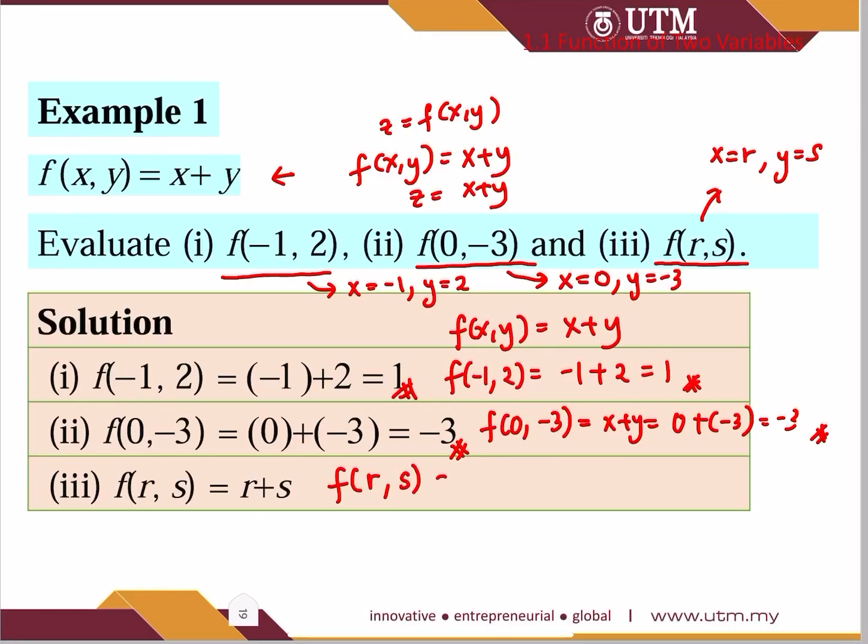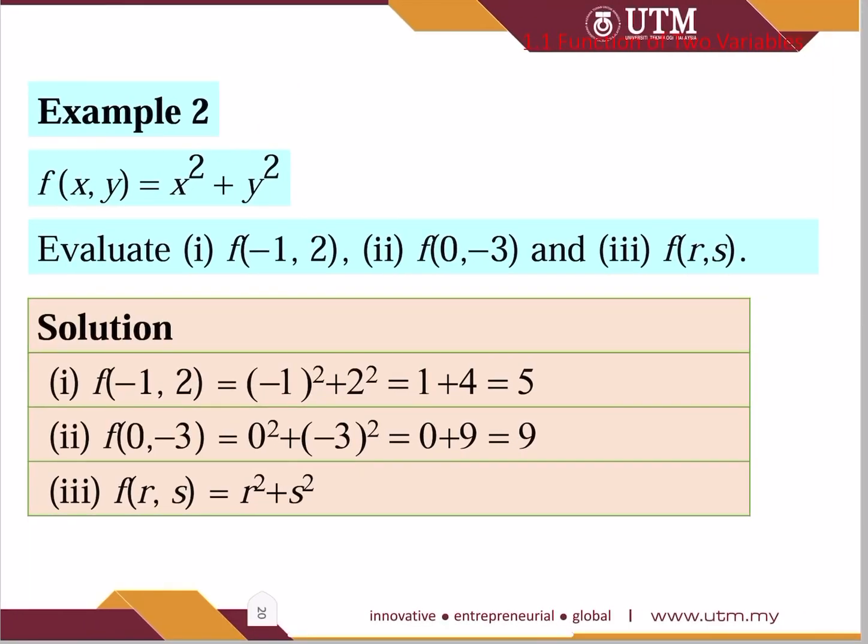The original function is x plus y, so we replace x with r, we replace y with s, so the final value is r plus s. This is how we substitute the value of the independent variables into the function f.